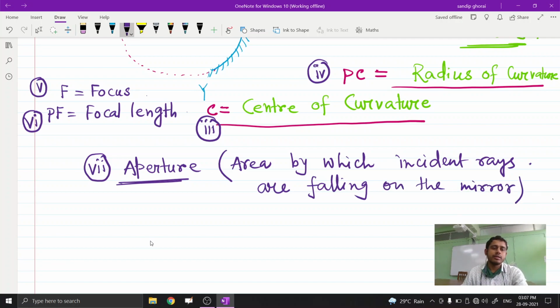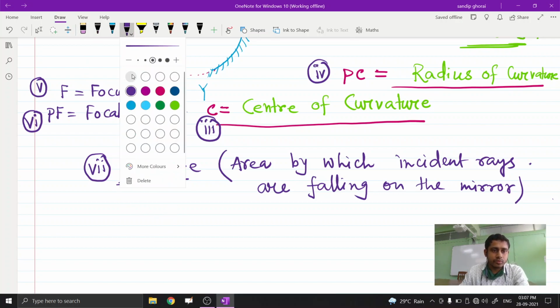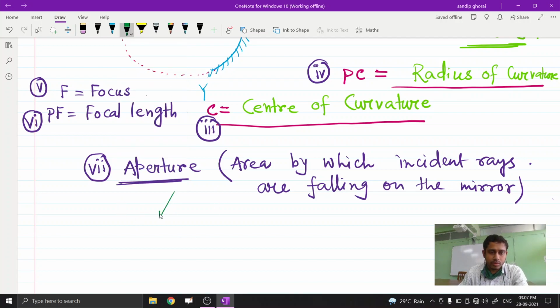And there are two types of aperture: one is linear aperture and another is angular aperture.